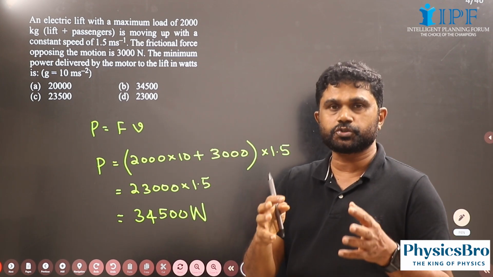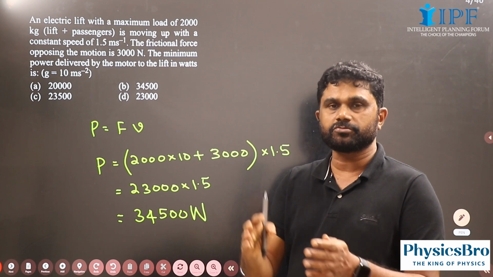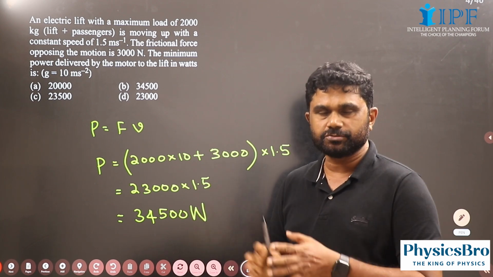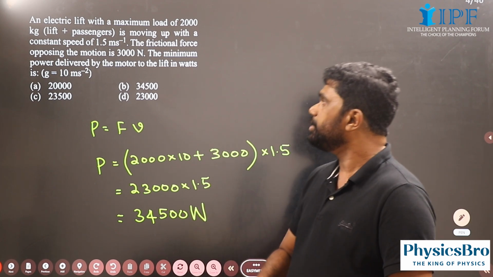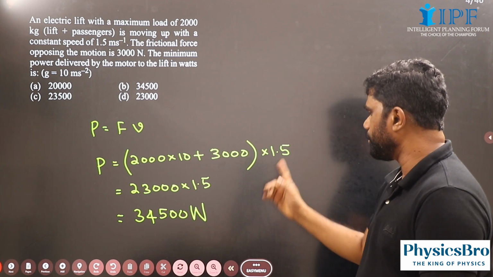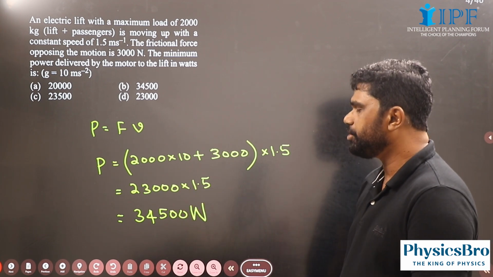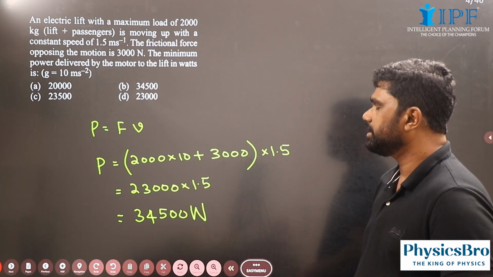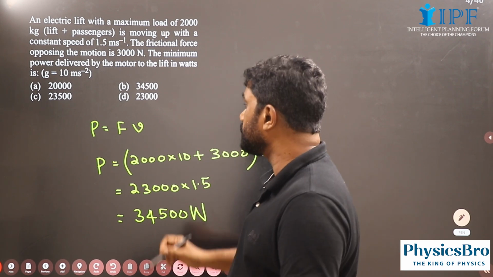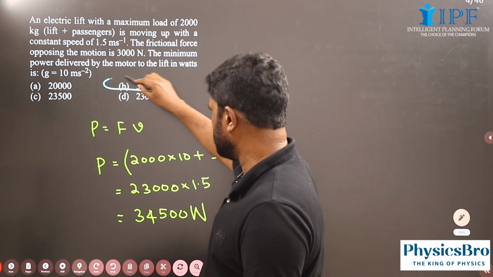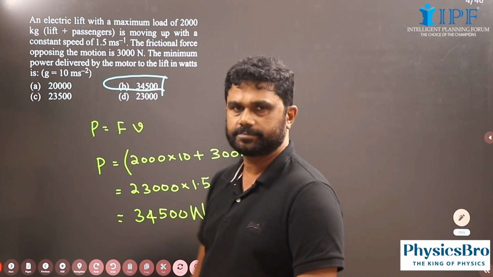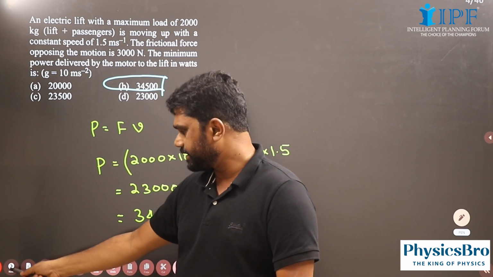So the total force to be opposed is 20,000 weight plus 3000 friction, 23,000, into velocity, which is given as 1.5. So 23,000 into 1.5 is 34,500 watts. Now let's see the next question.